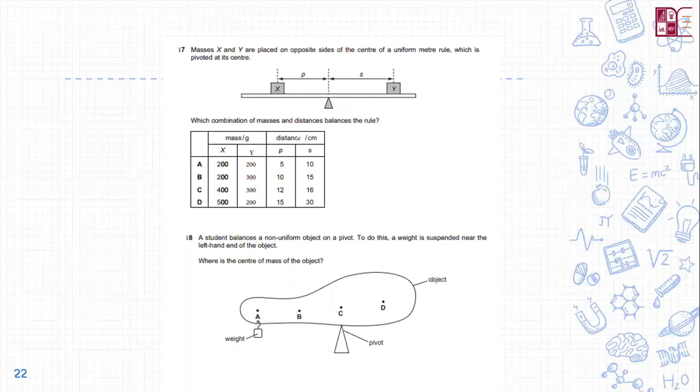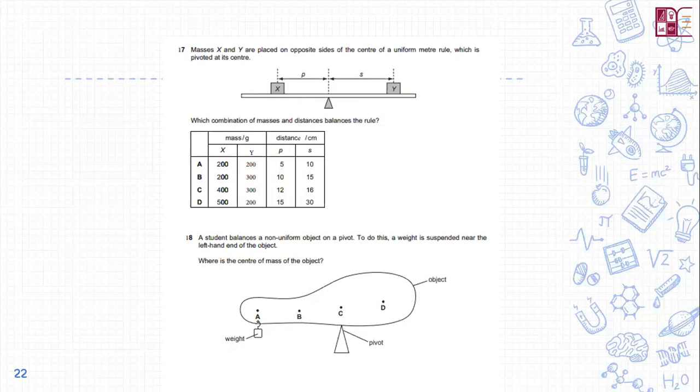You're going to look at X times P equals Y times S, and then you can go on to find the answer, which I believe should be, yes, it's C. So C would be the correct answer, because 400 into 12 equals 16 into 300. All right, it would be stable.